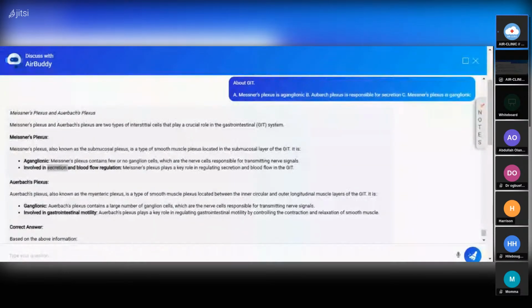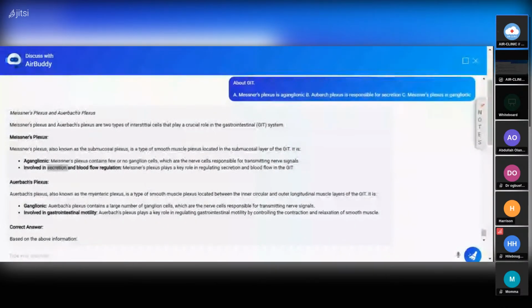Okay, next question. There's something called the corneal reflex, and this next question is testing the knowledge of that.